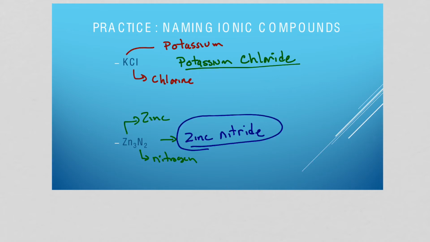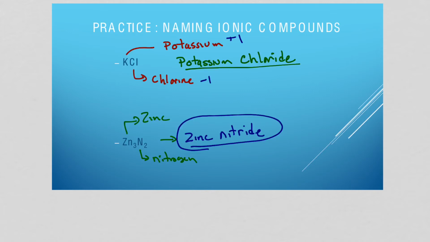Another thing that I'll point out here is, notice when we name ionic compounds, we don't have to specify how many of each of the elements we have anywhere, because based on their charges, we know what their empirical formula is going to be. We know the formula for potassium chloride has to be KCl because potassium forms a positive 1 ion and chlorine forms a negative 1 ion, so they only go together 1 to 1.